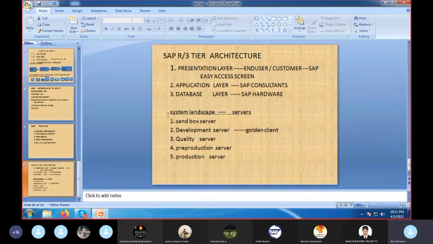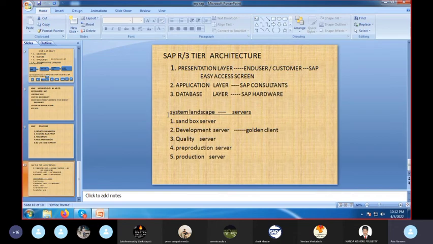Rollout projects means if a client has different company codes and businesses in different countries, at that time, once head office configurations are over, whatever we did in the parent company will be copied.